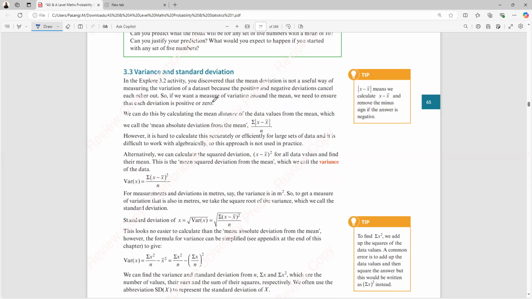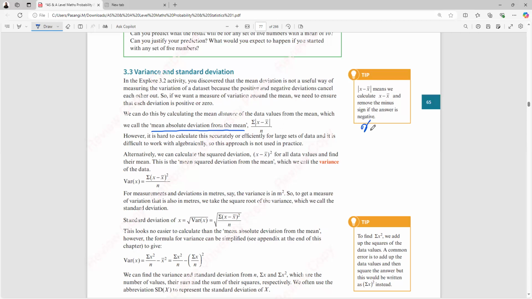So if we want a measure of variation around the mean, then we need to ensure that each deviation is positive or zero. We can do this by calculating the mean distance of the data value from the mean, which we call the mean absolute deviation from the mean.